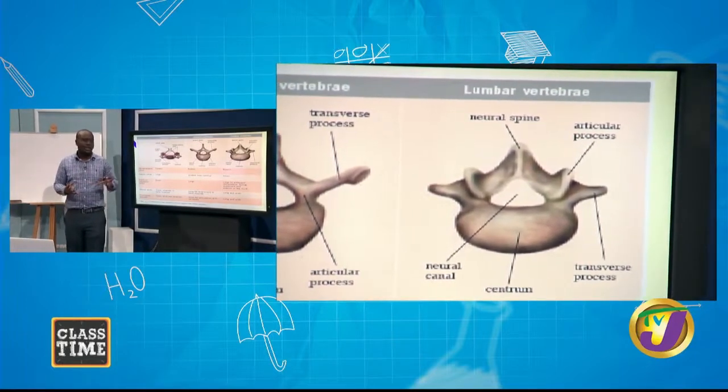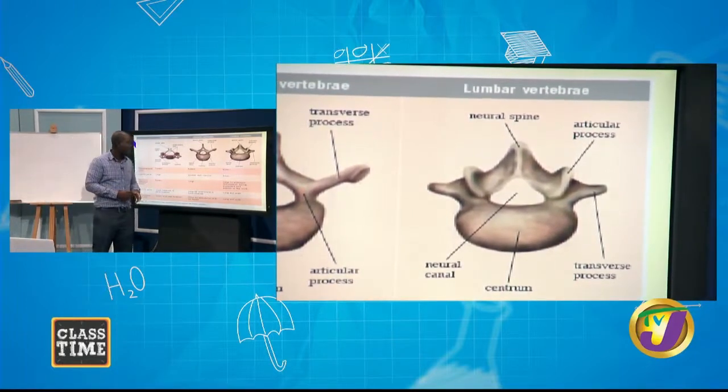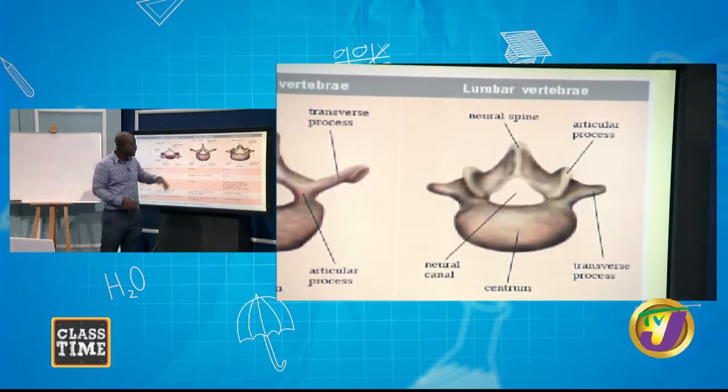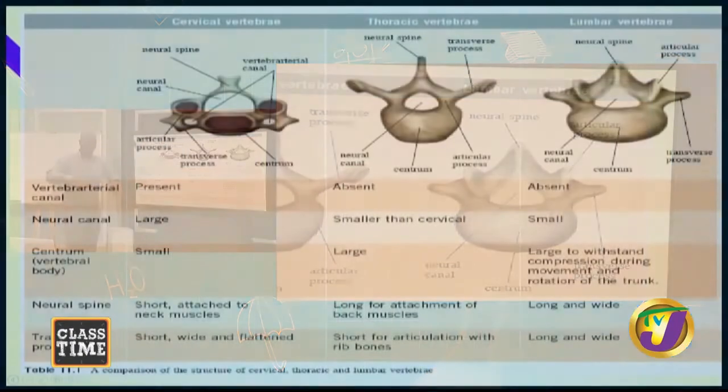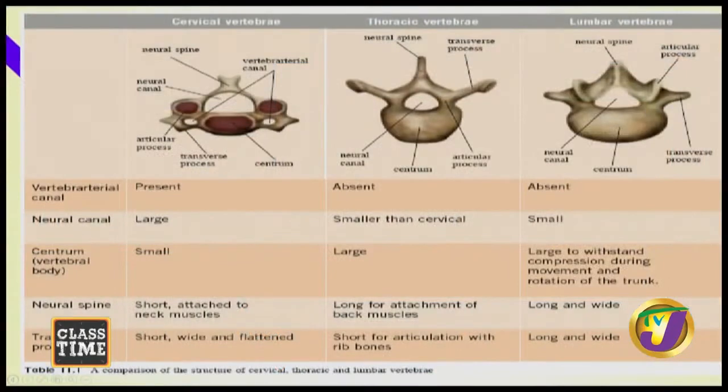Their neural spine and transverse processes are wide and long to facilitate the powerful back muscles that are at your lower back. All right? So cervical, large neural canal, short neural spine, vertebral arterial canal.